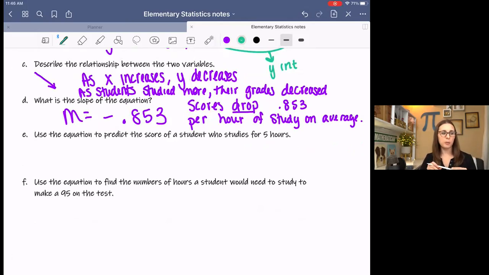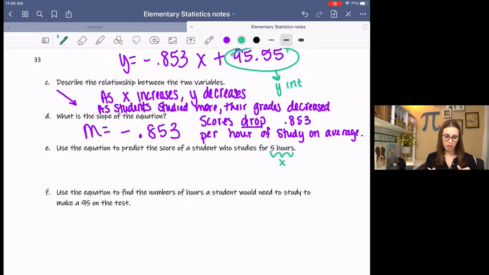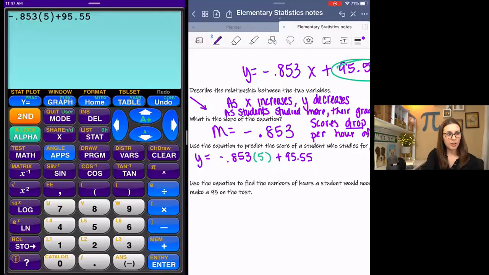Use the equation to predict the score of a student who studies for 5 hours. 5 hours represents X. So using this equation, I want you to pause it and try it and make your prediction. Since hours represents X, then 5 goes in place for X, and then you can just type that into your calculator.